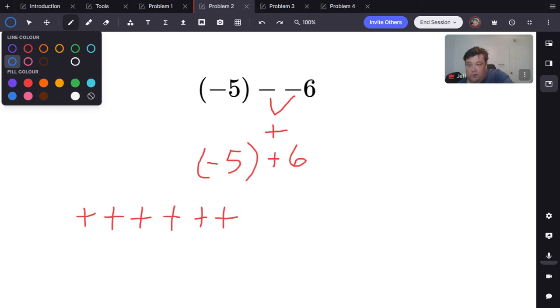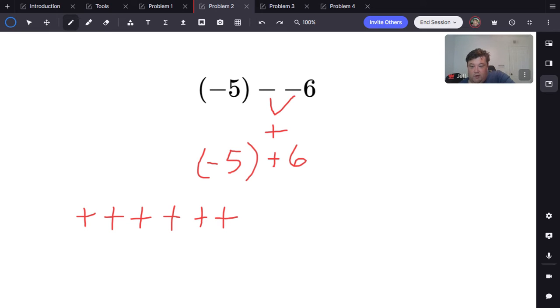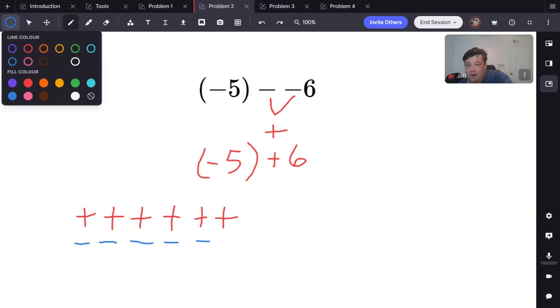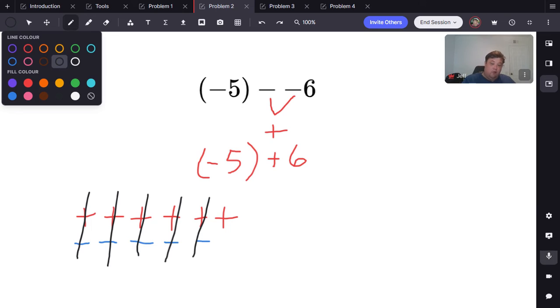And with the negatives, we can say 1, 2, 3, 4, and 5. Now, every positive and negative cancel out. So the only thing we're left with is one positive. 5 of the negatives cancel out with 5 of the positives. So our final answer is just 1. That's it.